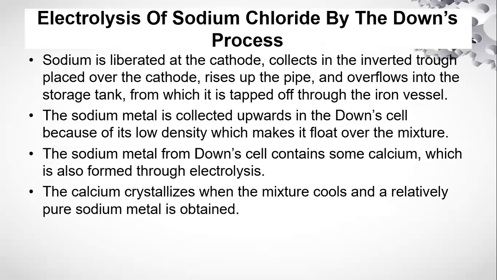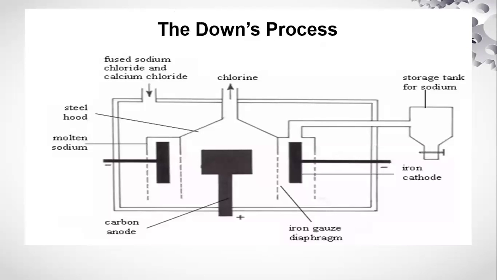As you can see, this is our Downs process, and this is how it looks. The explanations will be based on this Downs process. Here is where the fused sodium chloride and calcium chloride are added, here is where the chlorine will be removed, and here is the storage tank for the sodium after the electrolysis.